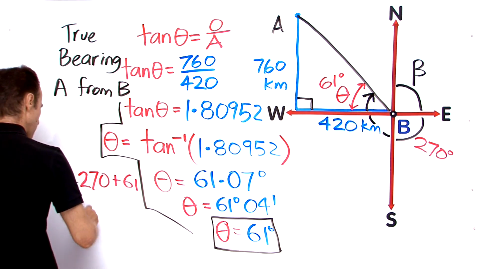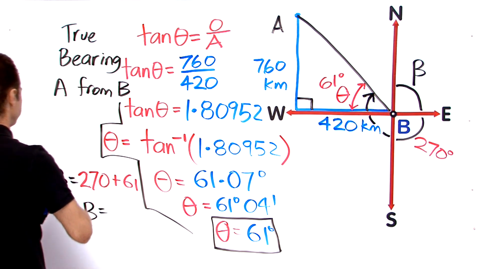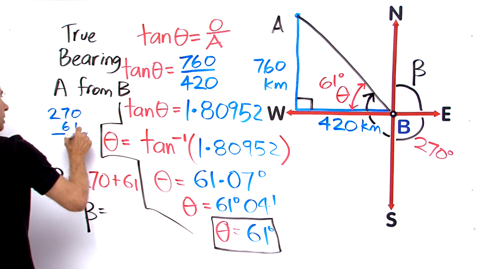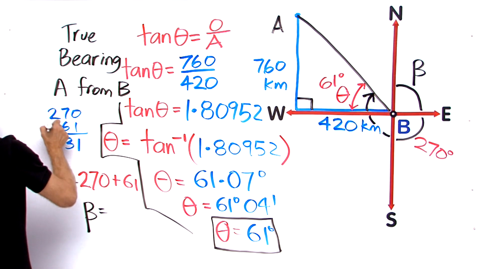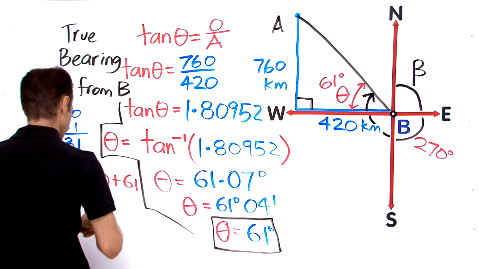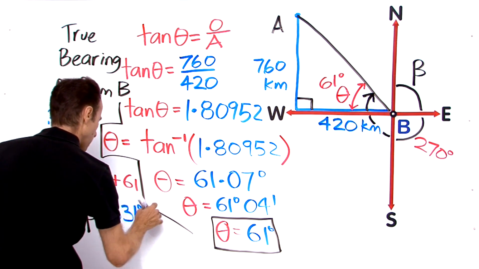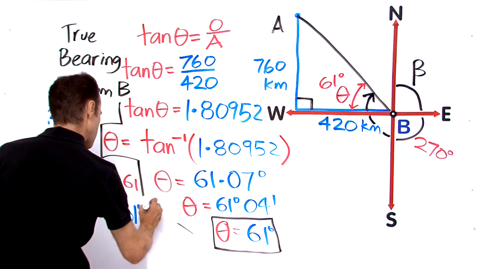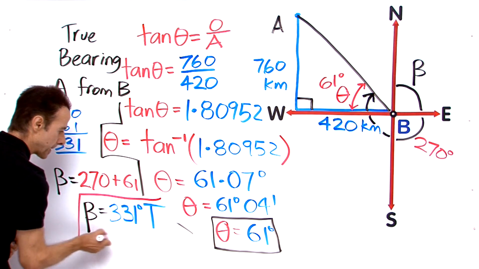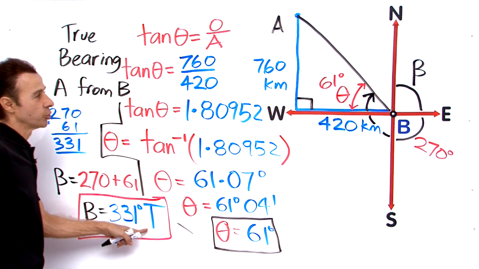Adding them together, beta equals 331. So that's 331 degrees. And remember to put the T because it's true north. So the bearing is 331 degrees true north.